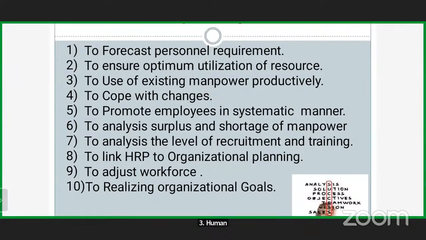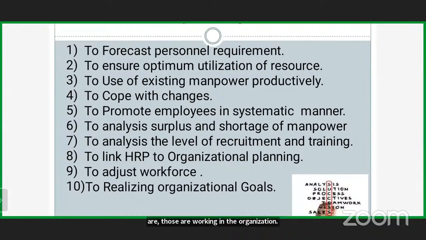Then, to use existing manpower properly. The existing manpower in the organization we can utilize properly, right people in the right job, utilizing their knowledge and skill properly. Then, to cope with the changing environment. Why is human resource planning important? Because through human resource planning, the people working in the organization can adjust with the changing environment.